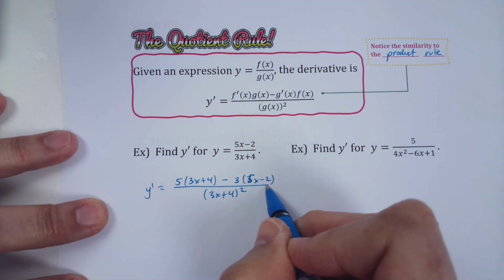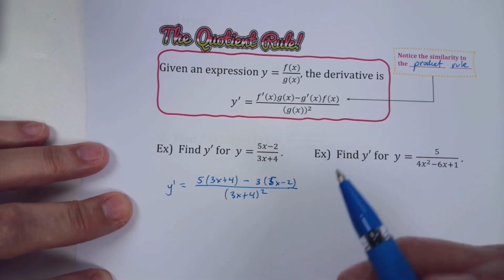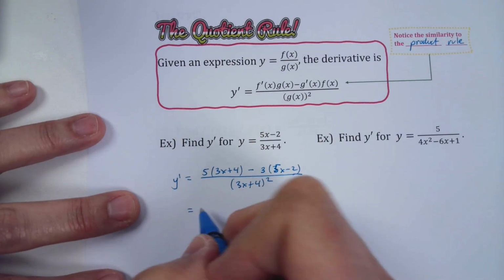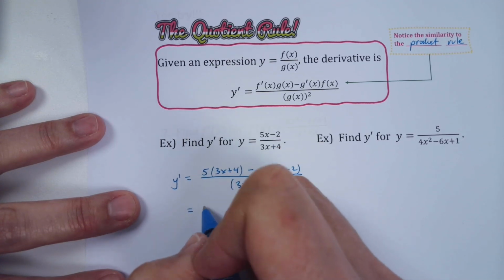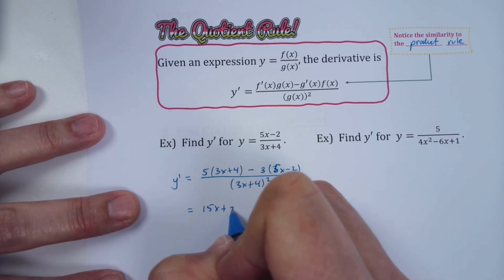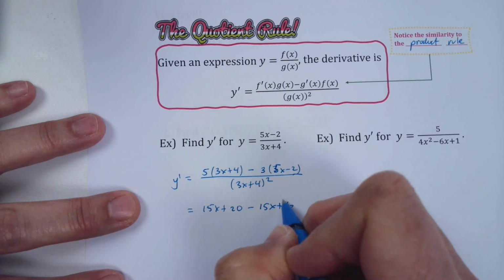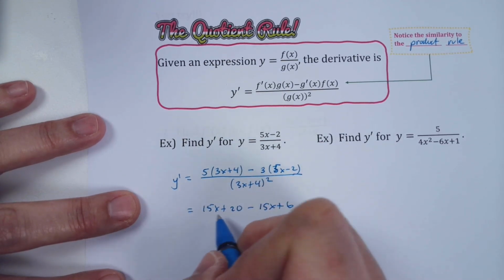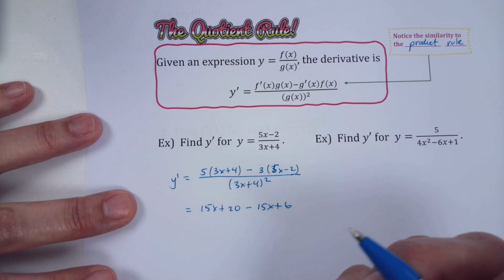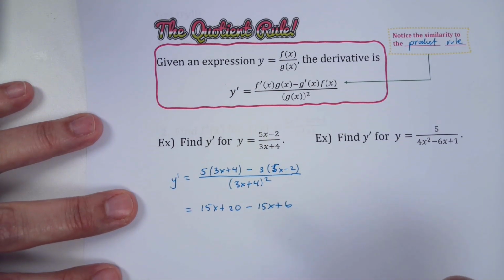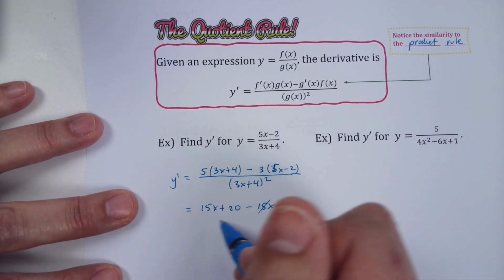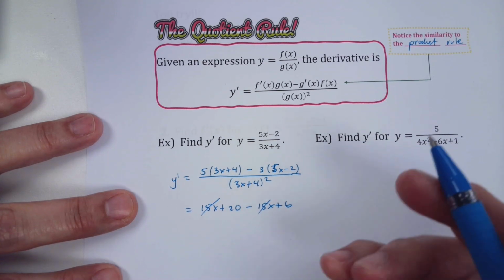So the only part about the quotient rule that's annoying is that it takes a little bit of work to clean it up. So we got 15x plus 20 minus 15x plus 6, right? That doesn't always happen, that this cancels out like that, all right?